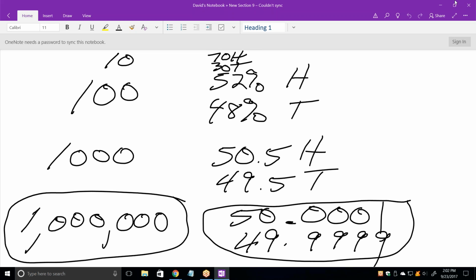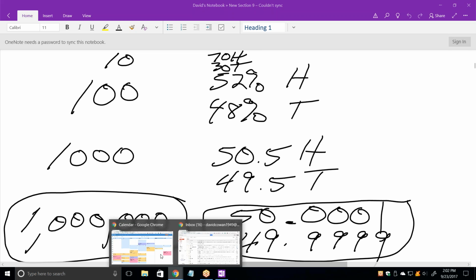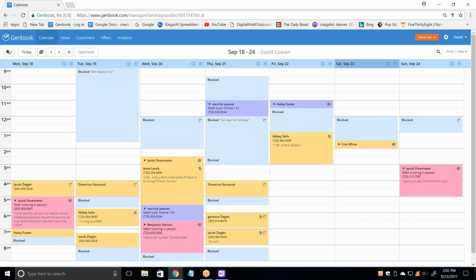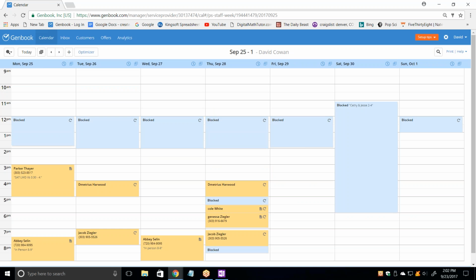Cole, I will let you go. All right. And I will plan on seeing you next Thursday. I tell you, yeah, that's fine. I was going to say that, you know, if you reach a point where you just don't feel like you need tutoring on statistics, let me know and I'll take you out of this as a permanent time slot.